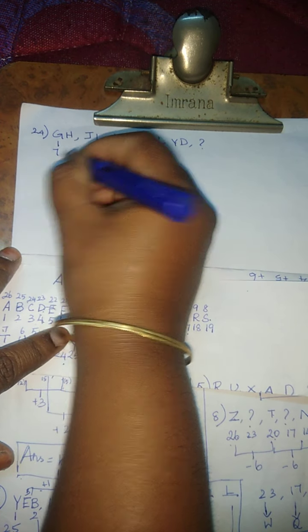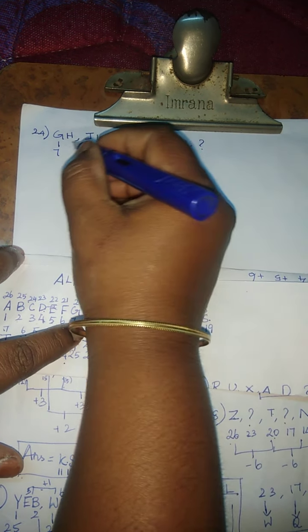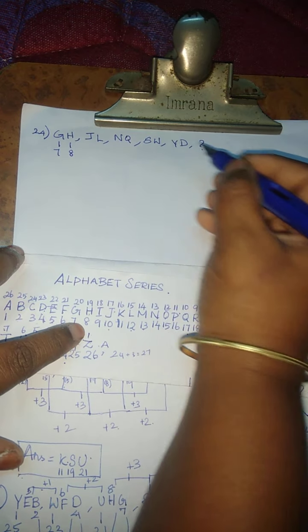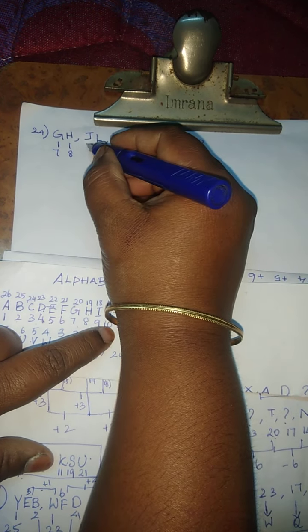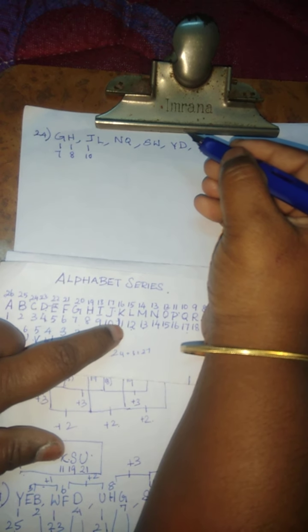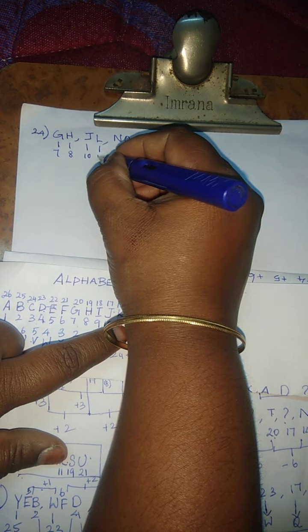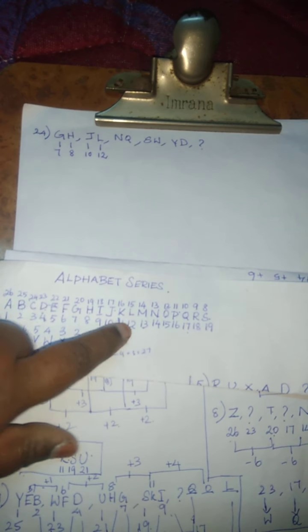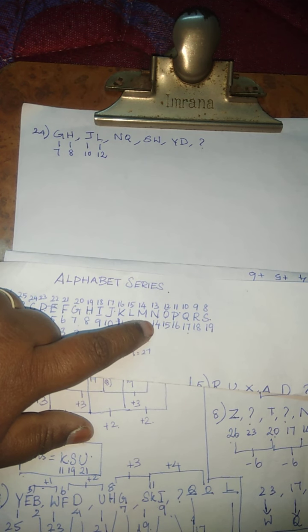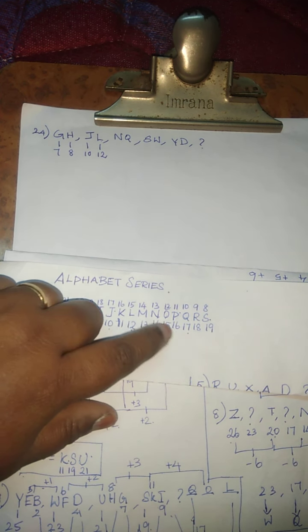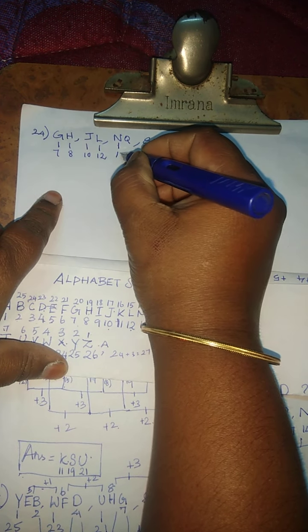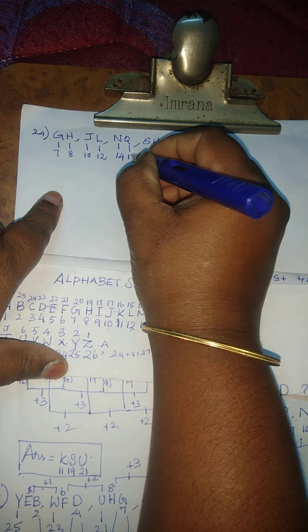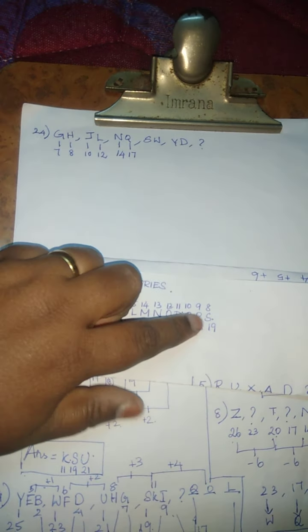So G is 7 and H is 8. Then JL. J is 10th one and L is 12th one. Then NQ. N is 14, Q is 17. Then SW.